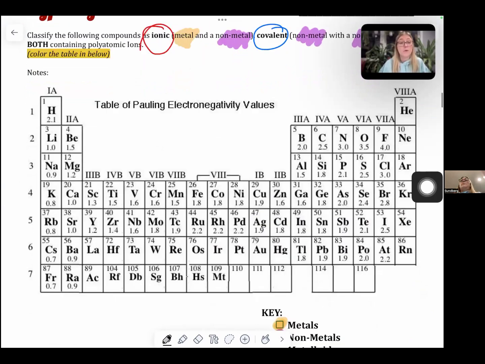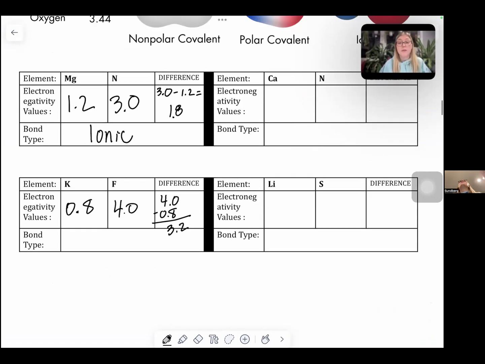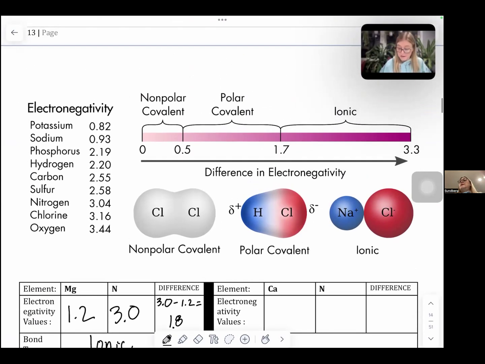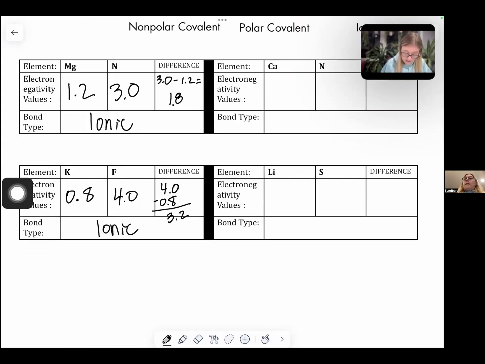So 4.0 minus 0.8 gives me a difference of what? 3.2. And 3.2 falls in this range. I promise they aren't all going to be ionic, but these two examples are. You'll probably get some here, a lot here, very few here. Okay, so I would write that this is ionic.